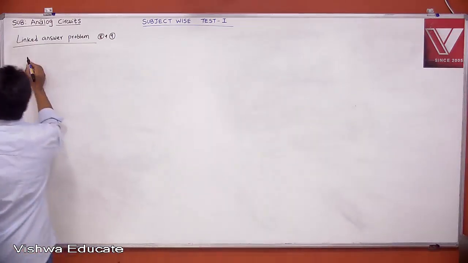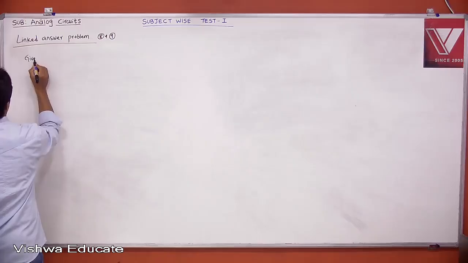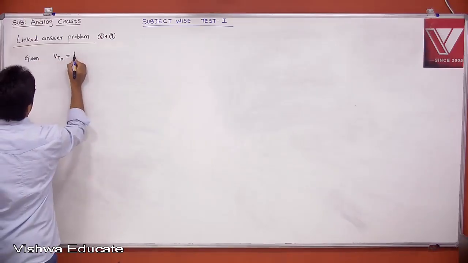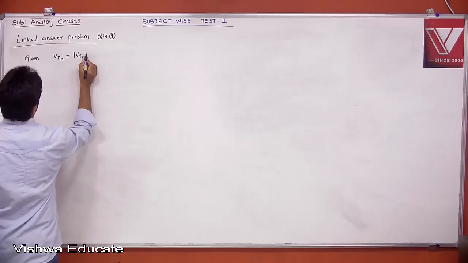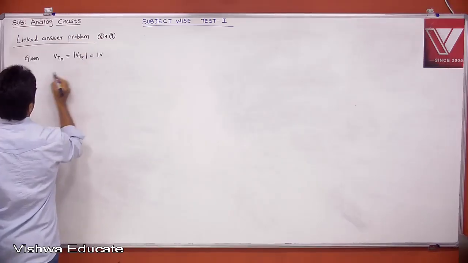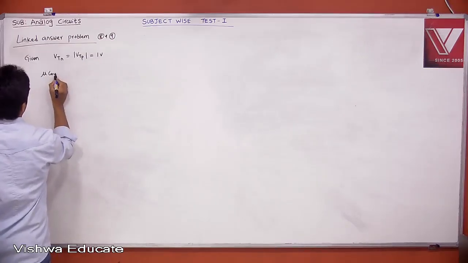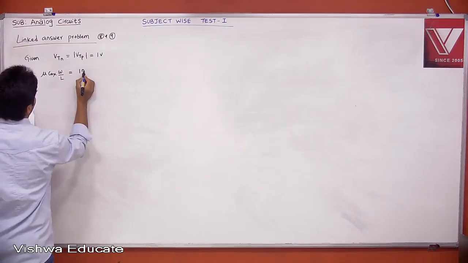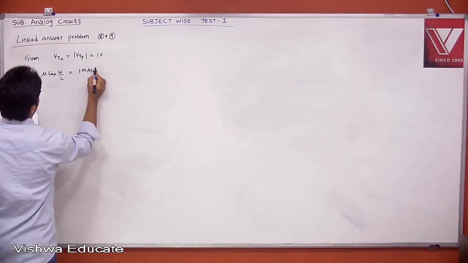Therefore, given Vt of NMOS equal to mod Vtp of PMOS equal to 1 volt and mu Cox W by L for both NMOS and PMOS is equal to 1 milliampere per volt square.